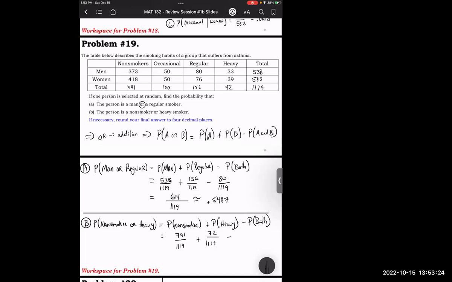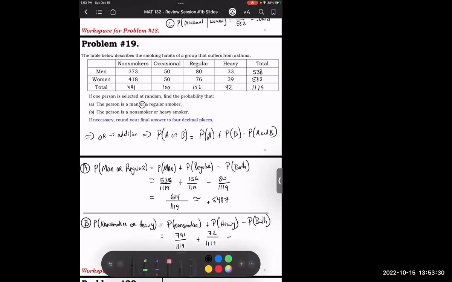Sorry. So if you look at your two events, we had heavy smokers and we had non-smokers. Is there any intersection between those two events? No, there's no intersection.